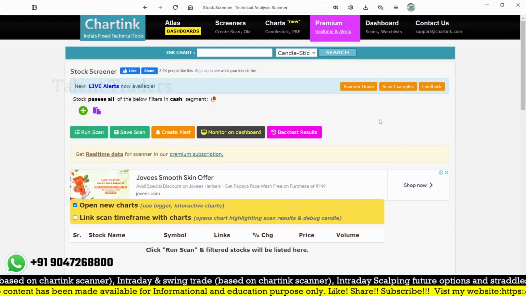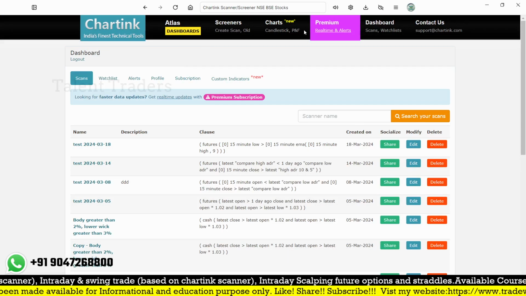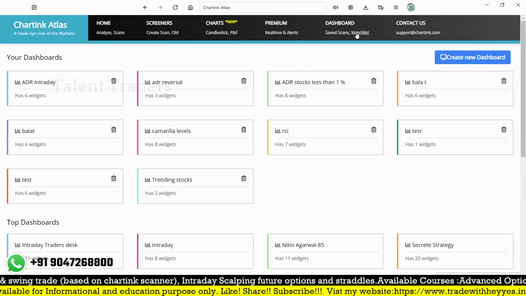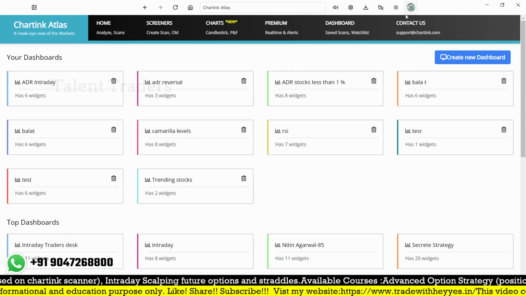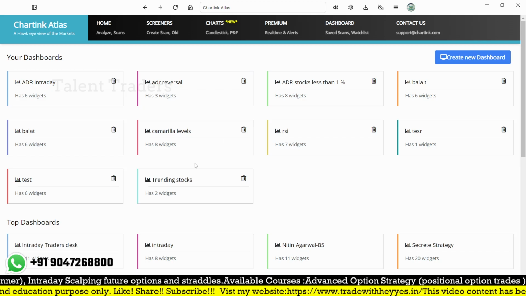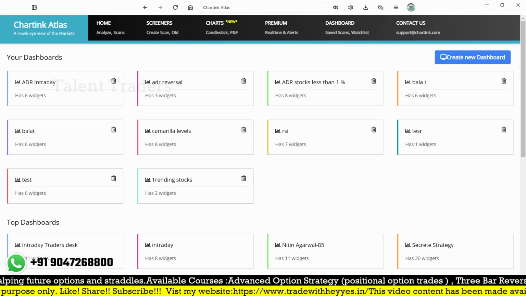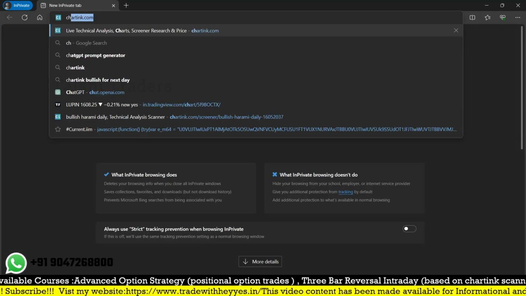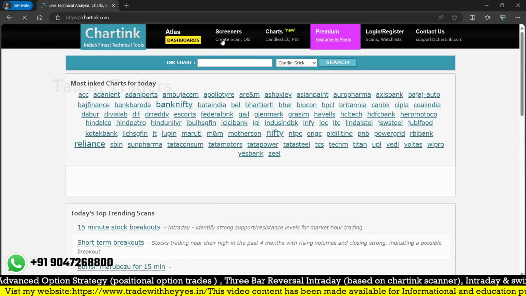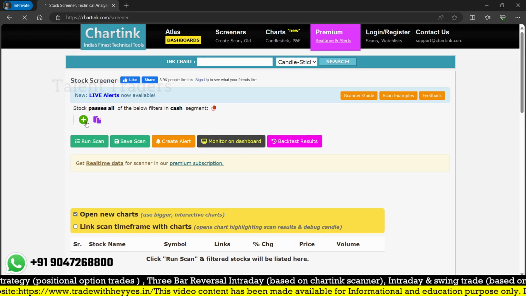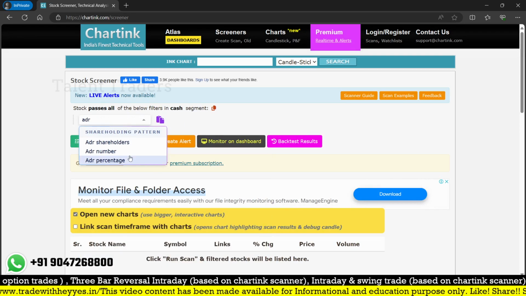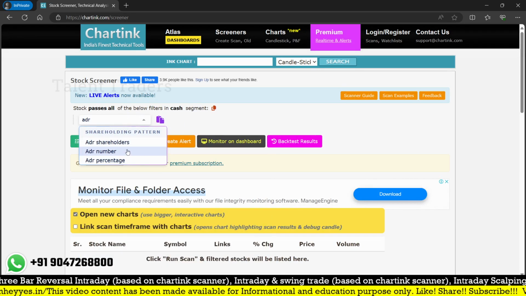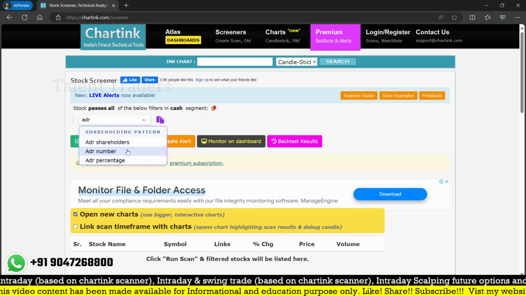If I log out of this, after logging out we can't get that particular scanner. Even if you go for charting scanners, that will not be available by default. If I'm going to create a free scan, here I'm just going for an area, you can't find the area. Those are normal things, and these are what we created.